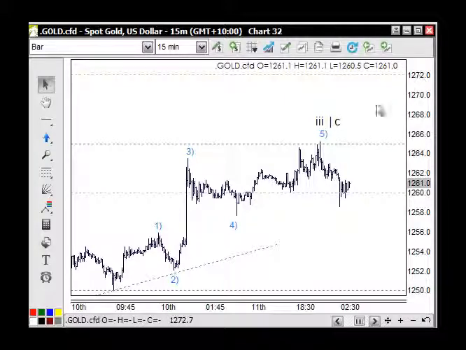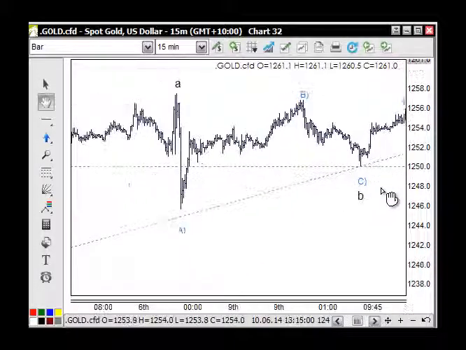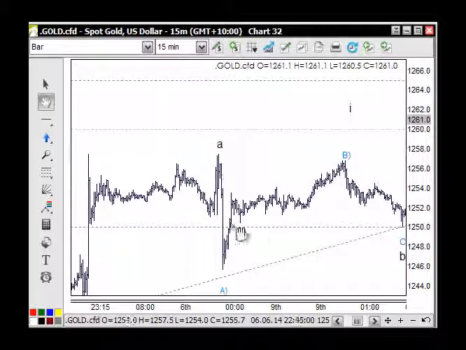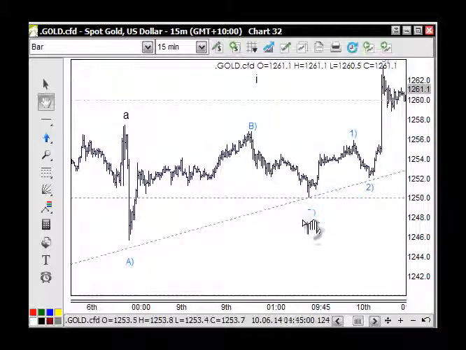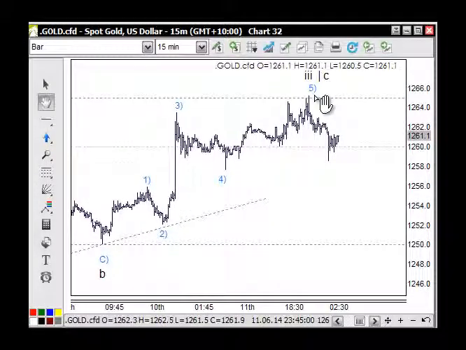So look, as I mentioned, we've got a pattern up here that reads as an A wave, an A, B and C for the B wave here, and then 1, 2, 3, 4, 5 for the C wave here, which would be 5 waves of wave C. But we just need to be mindful that it could continue to extend.